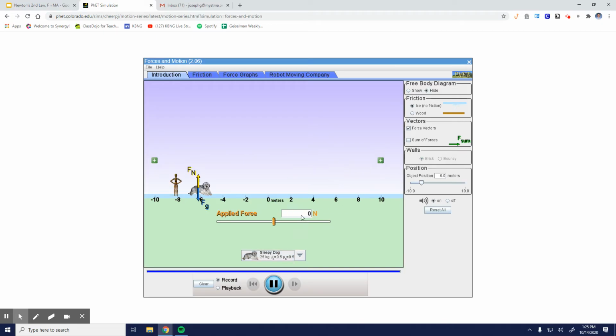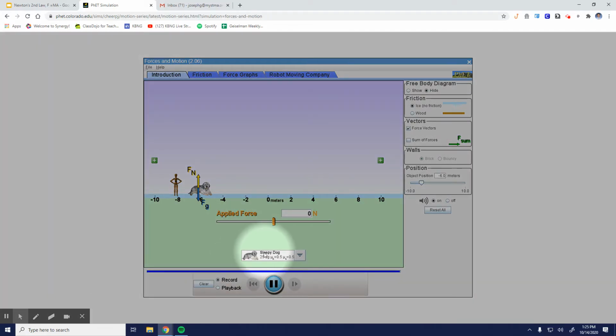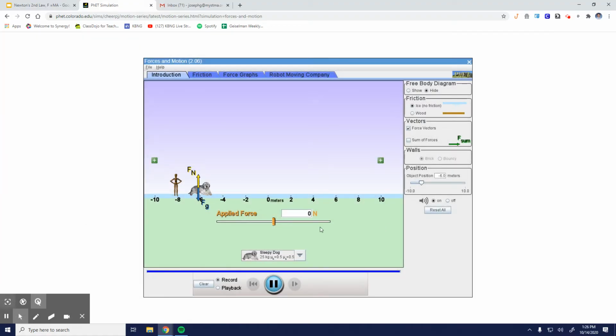I have now reduced the mass to 25 kilograms. You can see it is a much smaller object. So by applying the same force, that same 500 newtons, my acceleration is going to be much greater. And the dog moves much quicker.